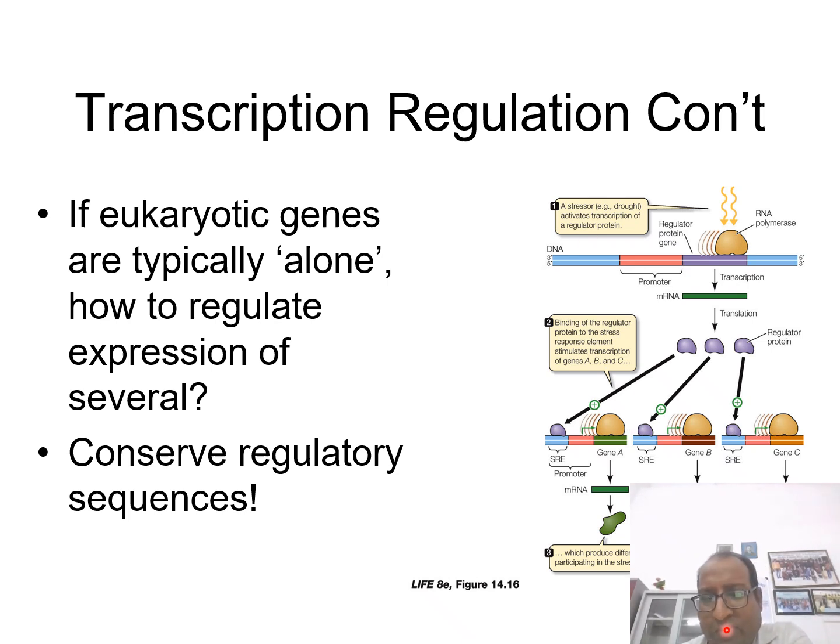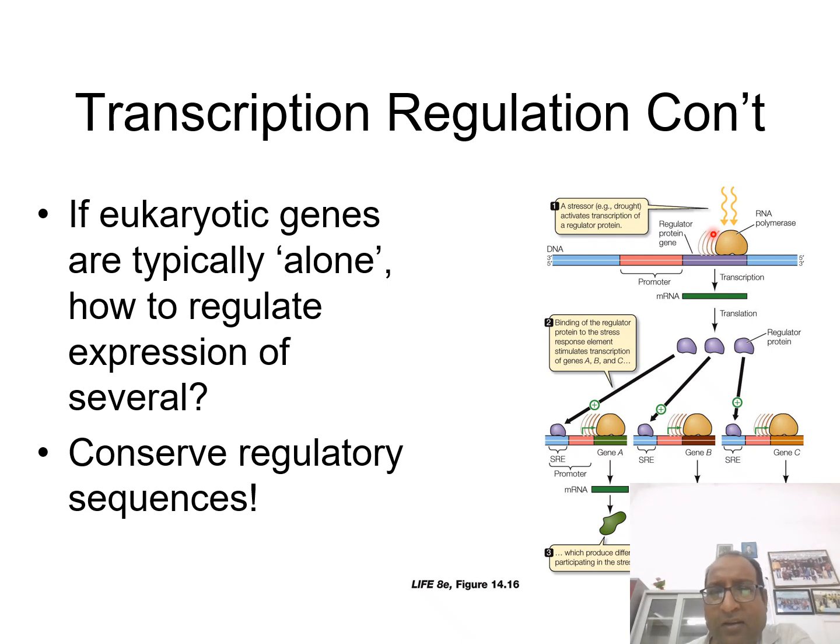It has its own promoter and its own regulatory sequences. So how does it happen? See here, an mRNA is synthesized from this area. This is a regulator gene, and we have DNA, this is the promoter area, and RNA polymerase binds here and synthesizes the gene.